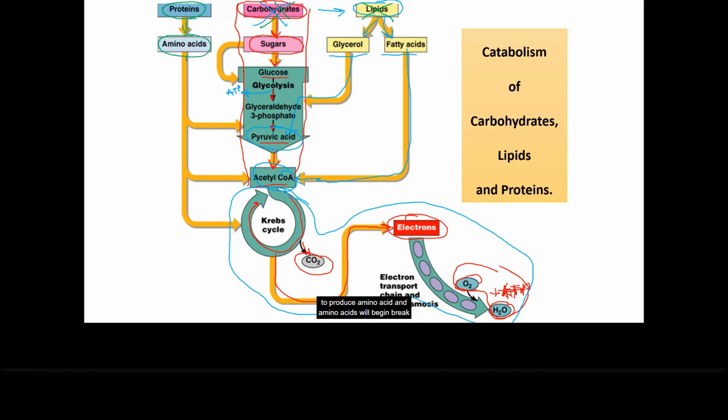And amino acids will be broken down to pyruvate, to acetyl-CoA, and to some of these intermediate reactions in the Krebs cycle.